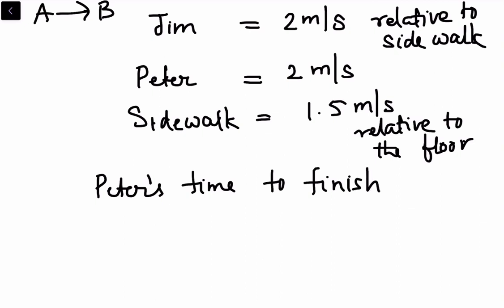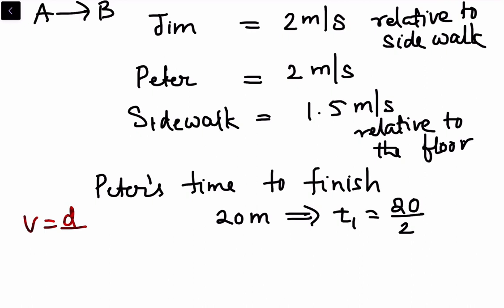Peter's time to finish, that is 20 meters, let us take it as T1, that is 20 divided by 2, because all of you know velocity is equal to distance upon time. Therefore, time is equal to distance upon velocity. So it is 20 divided by 2, which is 10 seconds.